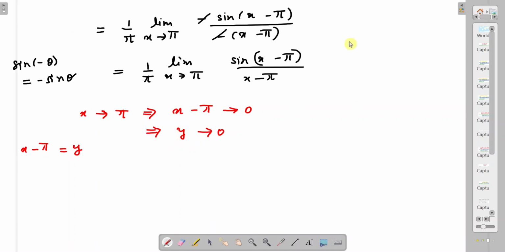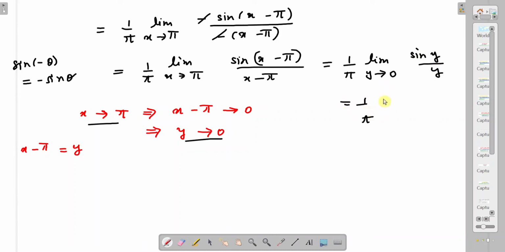And then we'll get 1 by pi, limit y tends to 0, sine y divided by y, which is 1. And that is nothing but 1 by pi. So this is the answer.